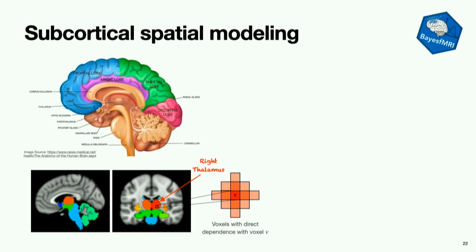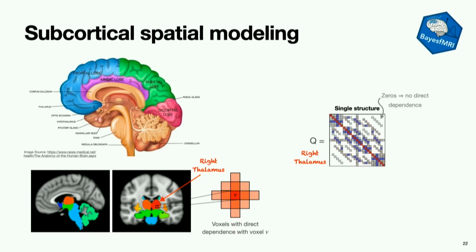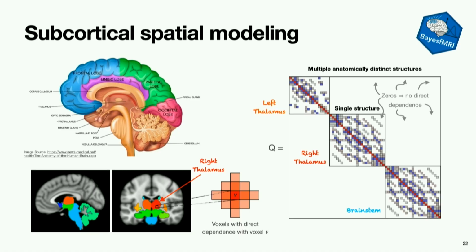So how is it different than just applying spatial modeling to the volume? What we're going to do is assume a priori dependence within, say, the right thalamus, but then we're going to assume no dependence a priori between different structures, like the right thalamus, the left thalamus, the brainstem, the cerebellum, the putamen, etc. By having a prior that has this block diagonal structure in the prior covariance, or the prior inverse covariance, we're assuming no direct dependence between structures.